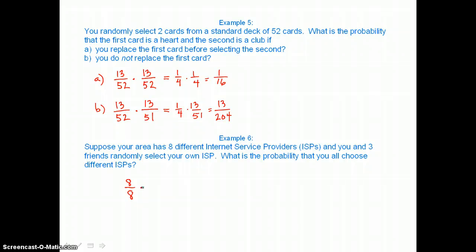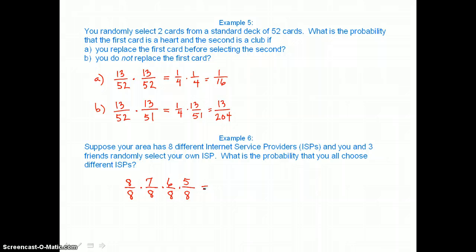Now the next person to select can't choose what you chose, so they have 7 successes out of the 8 possibilities. Then the next person has 6 out of the 8 possibilities, and the fourth person has only 5 left, so that they do not choose the same as the other 3.